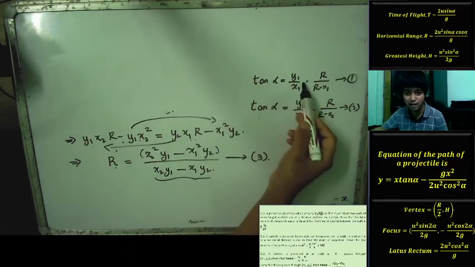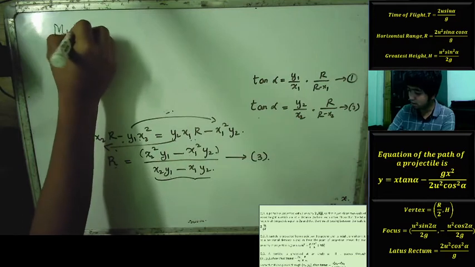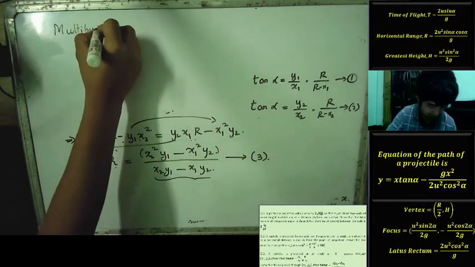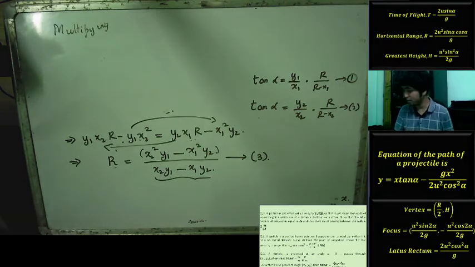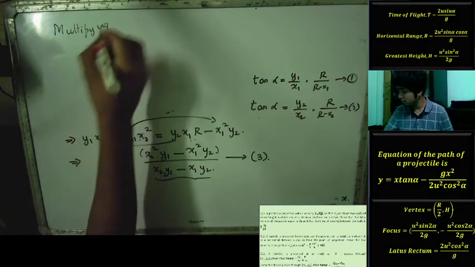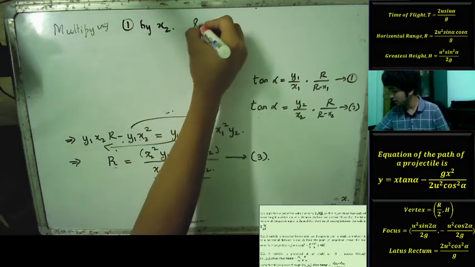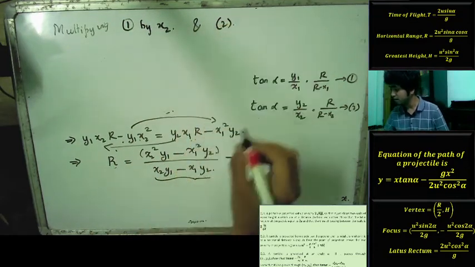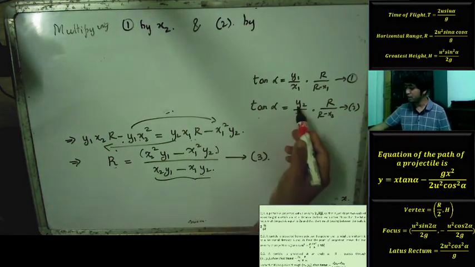We can multiply equation 1 by x2, and equation 2 by x1, because we will need x1 y2.